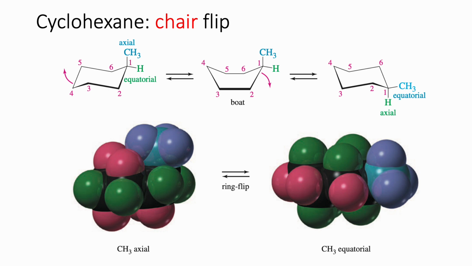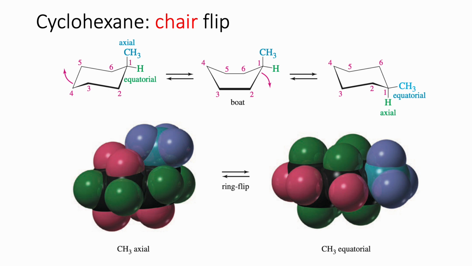But what's not happening during a chair flip is that up and down are not changing places. Look at carbon 1 on the left. The methyl group is axial and it's pointing up. Look at carbon 1 on the right. The methyl group is equatorial, but it's still pointing up. Axial becomes equatorial during a chair flip, and equatorial becomes axial.